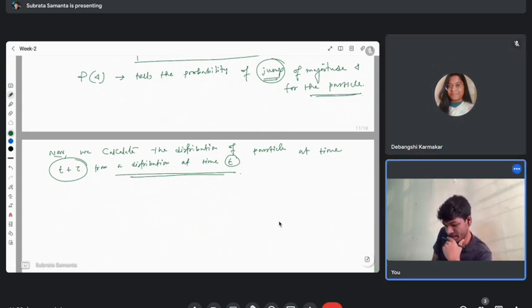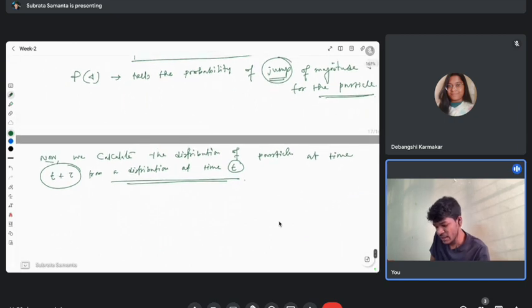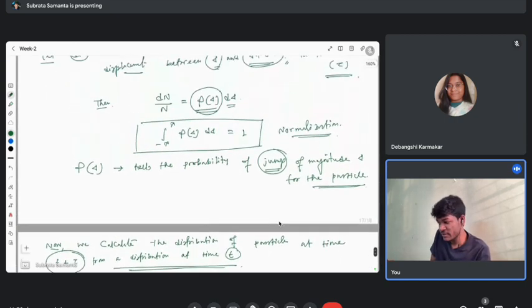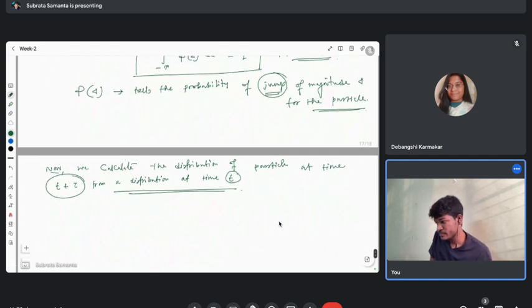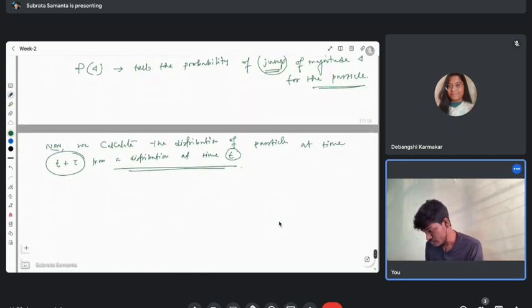So then our probability distribution function depends not only on this delta, but it also depends on time. Then let f of x, t be the number of particles per unit volume.